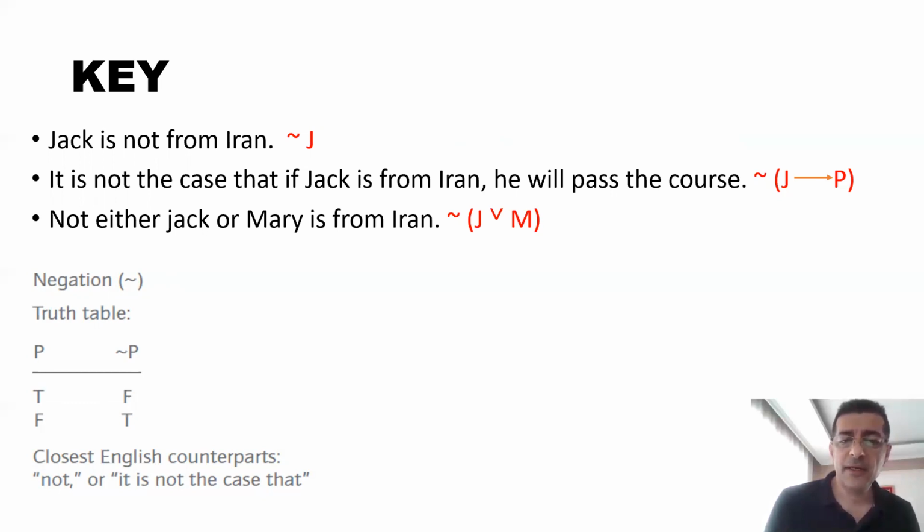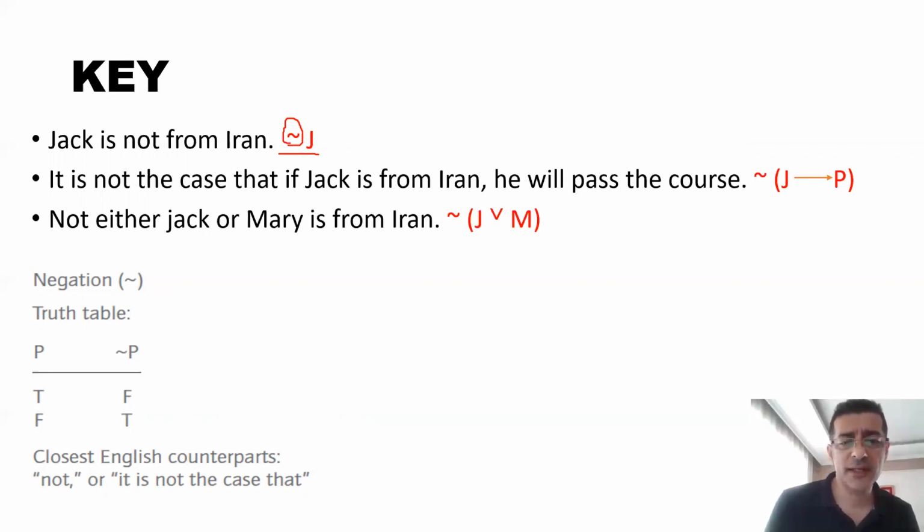But here we have only one claim in number one. Jack is not from Iran, J, and I've used J here, for example. And then I've used this tilde before J, so not J, right? Now look at this second one.